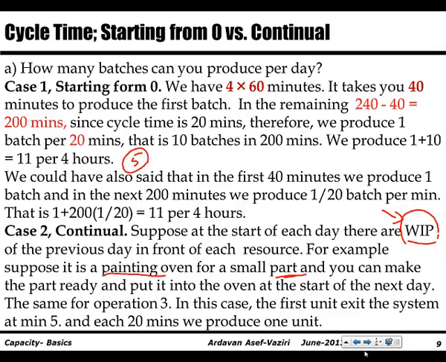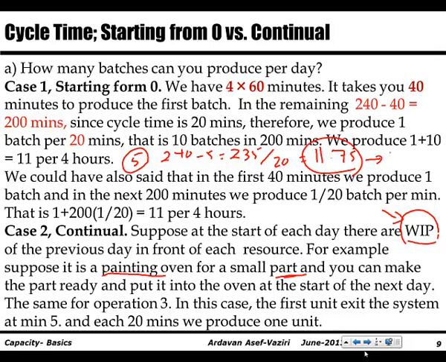And then we have 240 minutes minus 5, which is 235. And then every 20 minutes, we produce a new product. Therefore, there will be 11.75 products per day, and 1 was here.